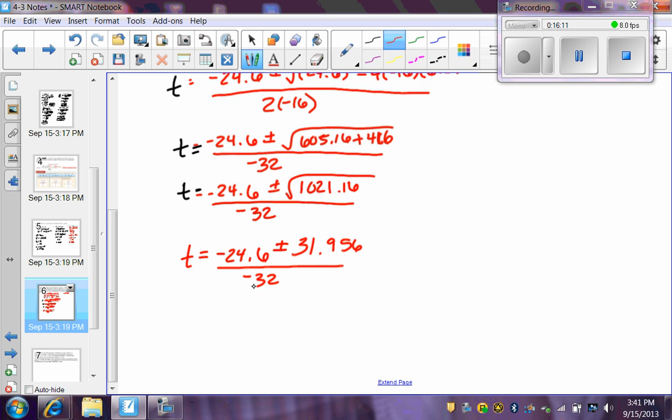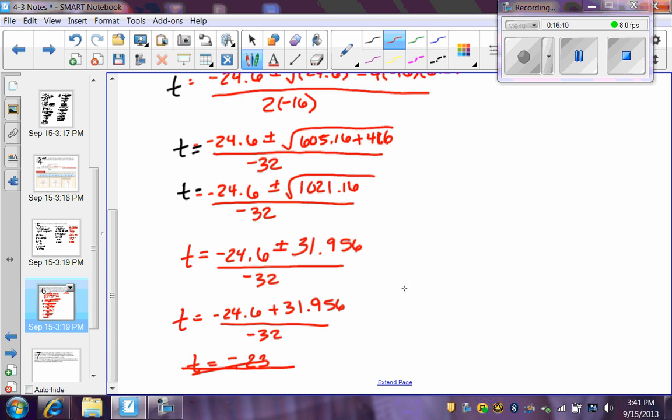So now you have your two answers here that you have to break up. t equals negative 24.6 plus 31.956 divided by negative 32. And if you type that in your calculator, you get that t is roughly negative 0.23. But we can't have a negative amount of time, so that answer is extraneous.